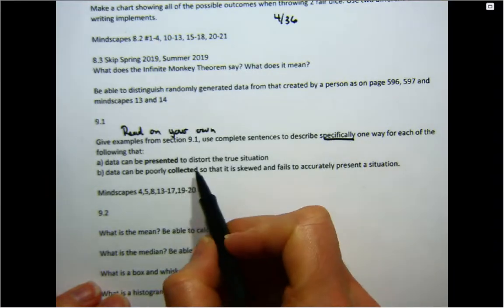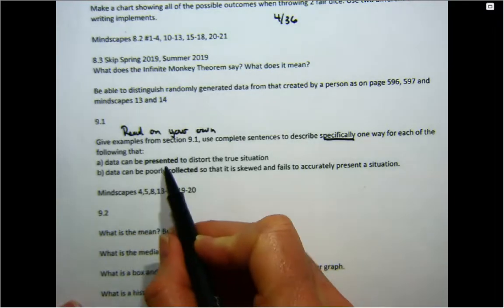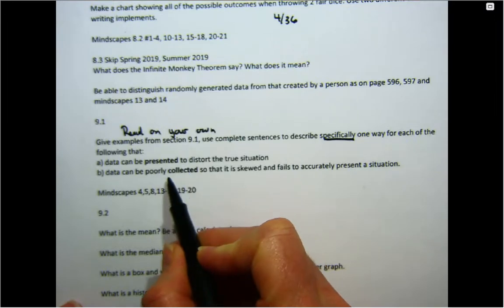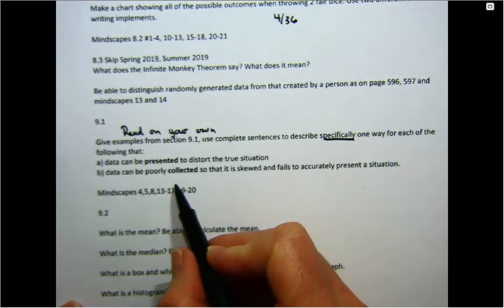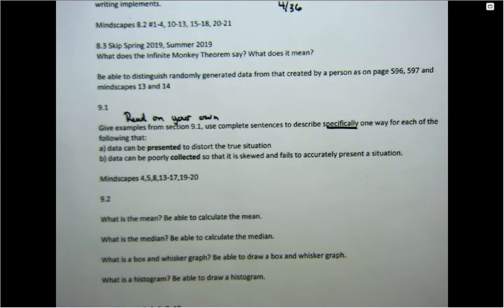Make sure you tell how that example distorts as it's presented, or tell how that specific example has been poorly collected. Okay, what makes it poorly collected? I think the Mindscapes in 9.1 give you some examples of that as well.